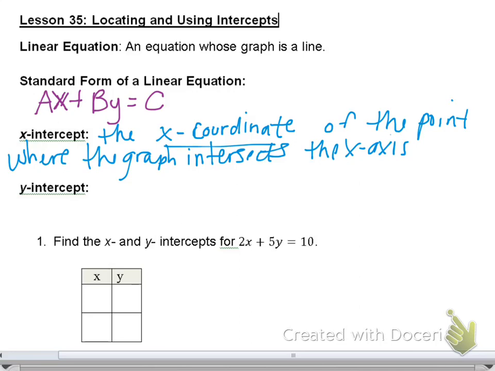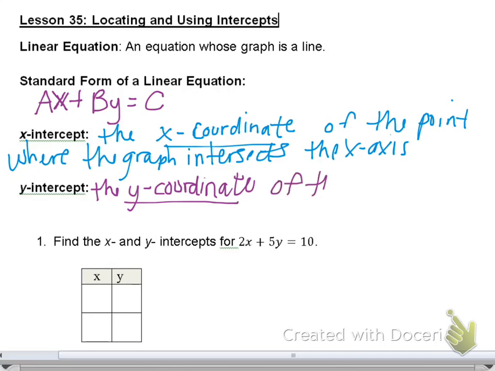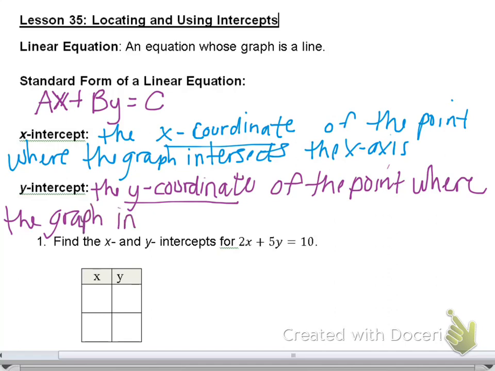And then the y-intercept, similarly, is the y-coordinate of the point where the graph intersects or crosses the y-axis.